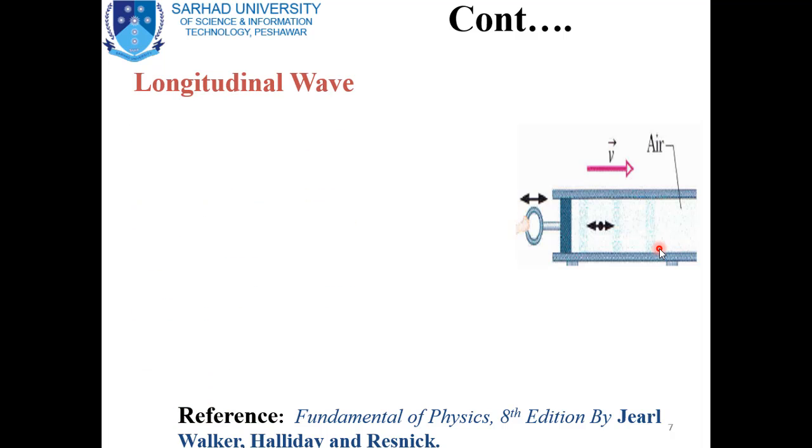The second type of mechanical wave is the longitudinal wave. In the figure, an air-filled pipe is shown. If you suddenly move the piston rightward and then leftward, you send a pulse of sound along the pipe. The rightward motion of the piston moves the elements of the air next to it rightward, increasing the air pressure there, while moving the piston leftward reduces the air pressure next to it.